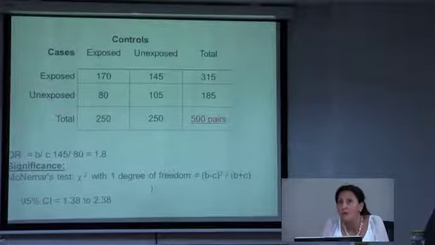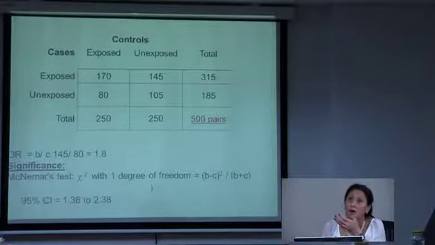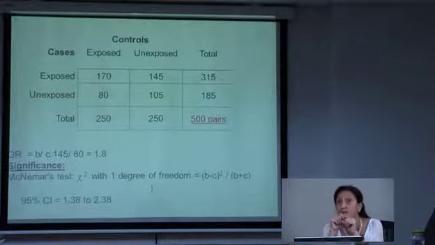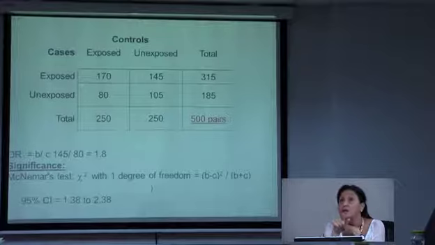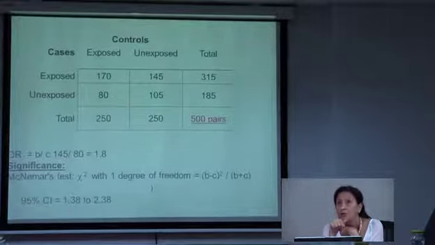The 105 is another concordant pair where neither the asthmatic nor the non-asthmatic child was exposed to antibiotics in infancy. Then the discordant pairs are the 145 and the 80. The 145 is where your control is not exposed while your case is exposed, and the 80 is where your control is exposed while your case is not exposed.